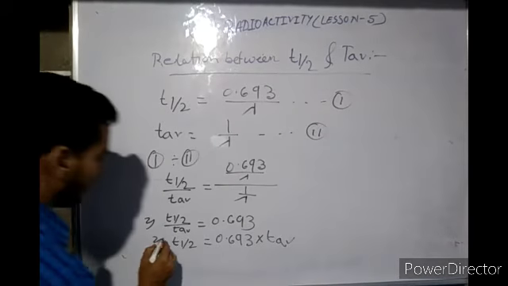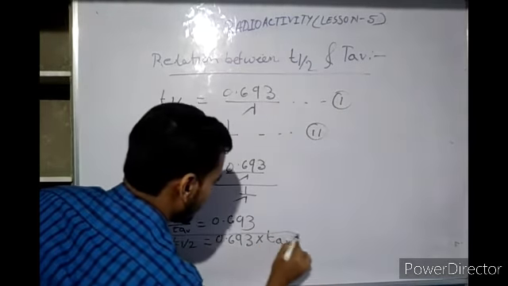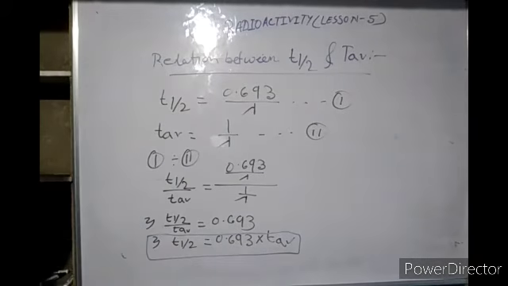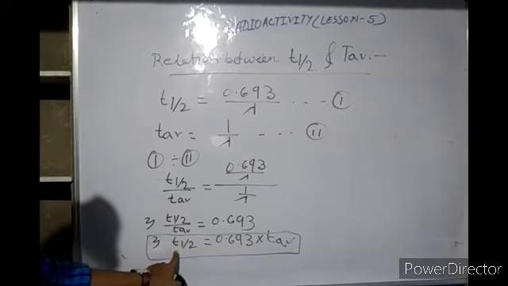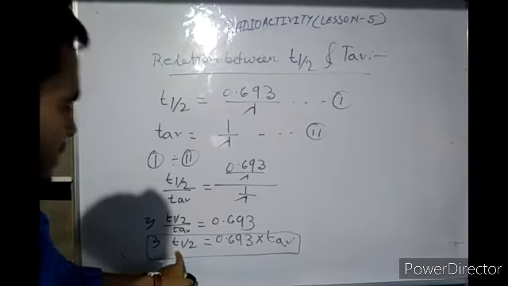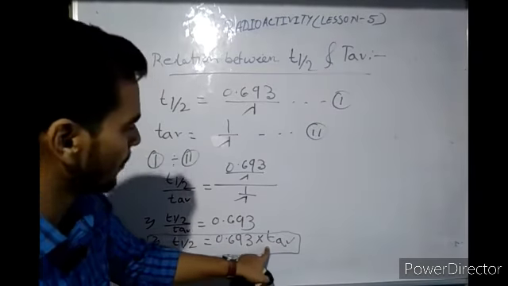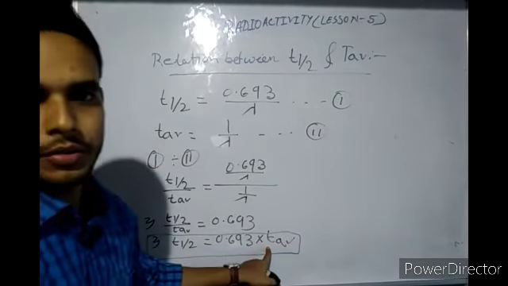It is the mathematical relation between half lifetime period and average lifetime period. The half lifetime period of a radioactive nucleus is 0.693 times its average lifetime period.